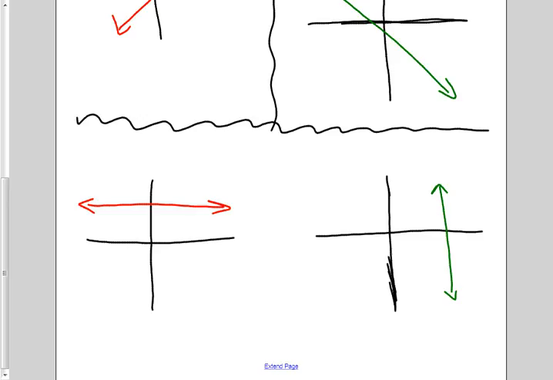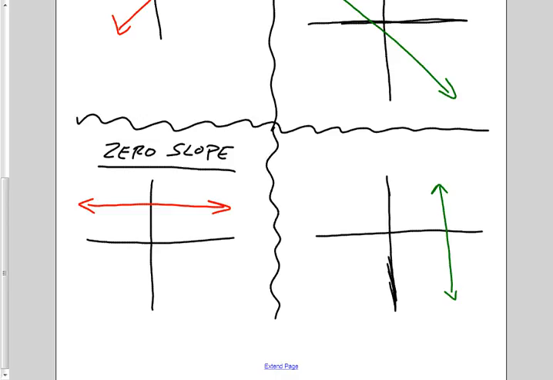The slope of the horizontal line has a 0 slope, while the up and down line is undefined.